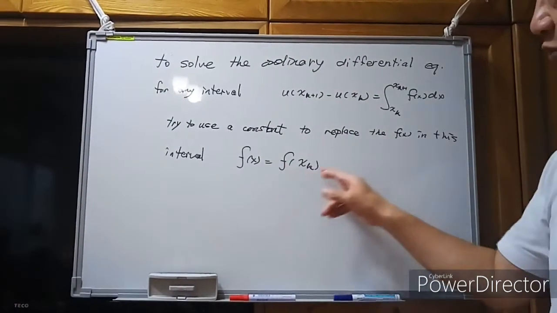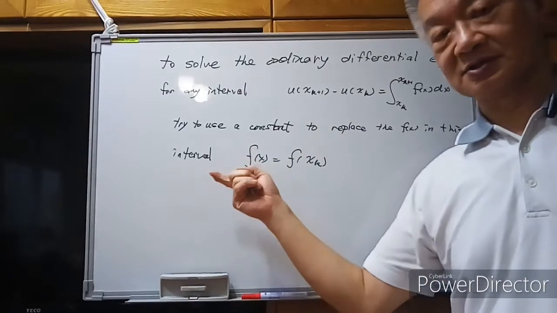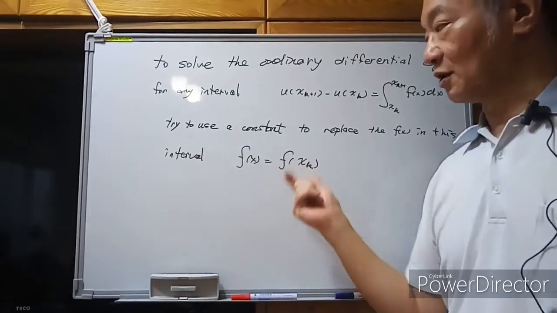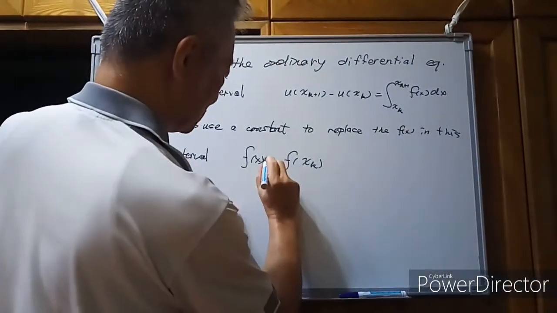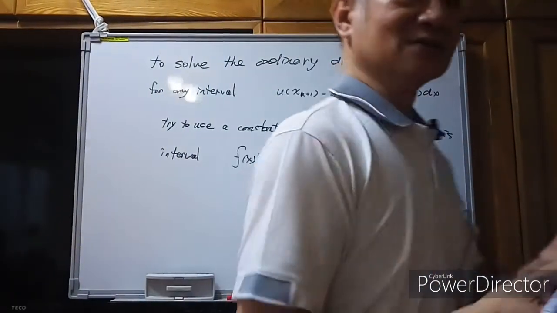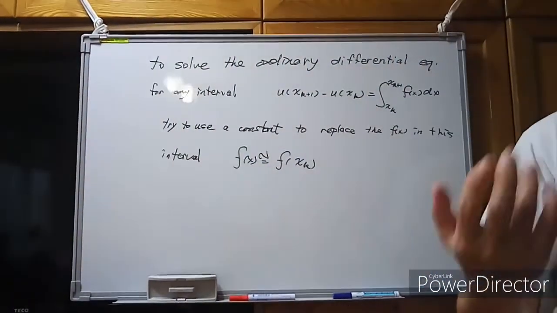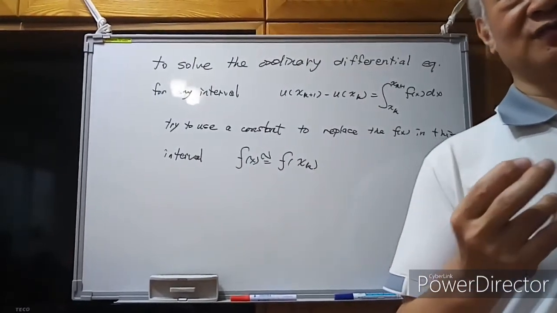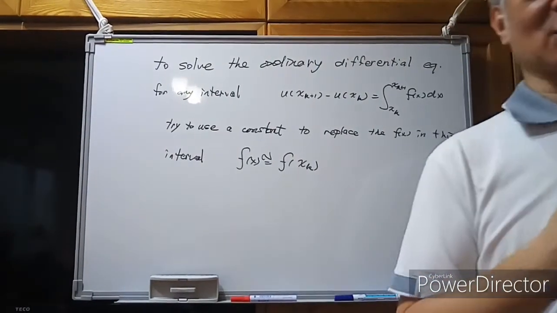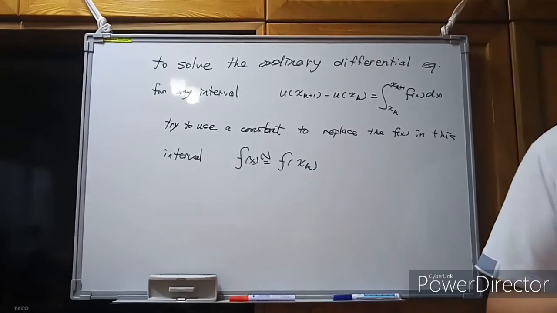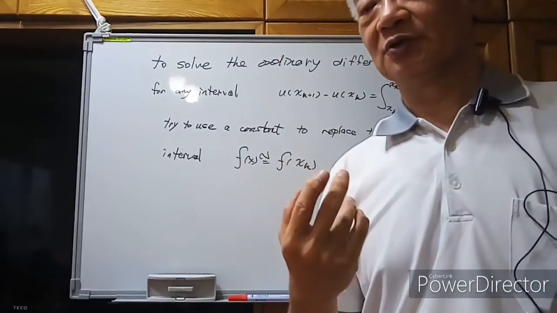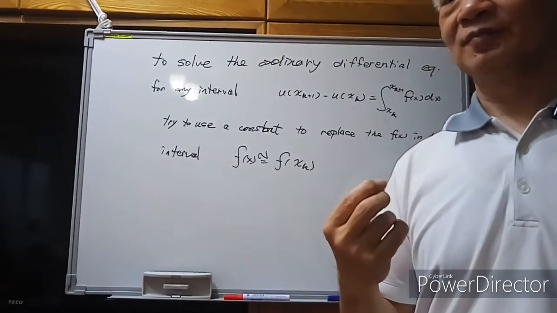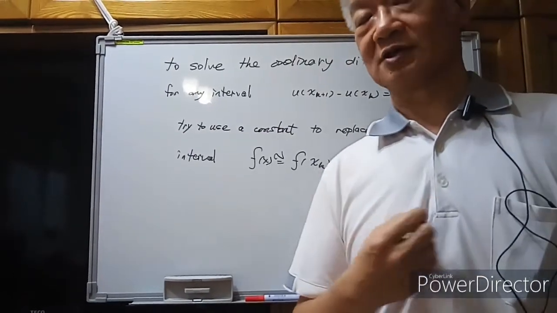If we use this to replace the original function f of x, you need to add an approximate sign, since the real f of x could be different from xk to xk plus 1, and also the f of x could be related not only to the location x, but also to the unknown function u of x.